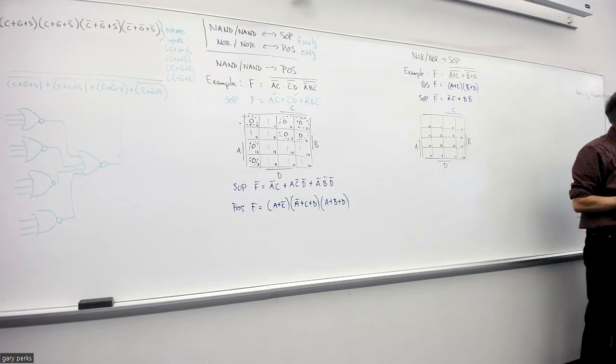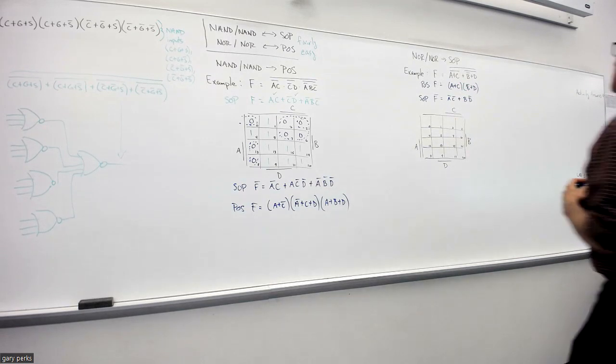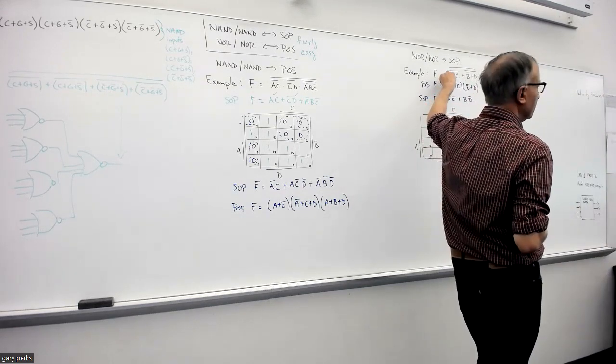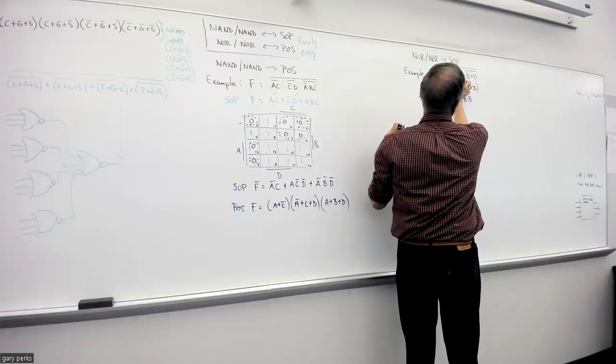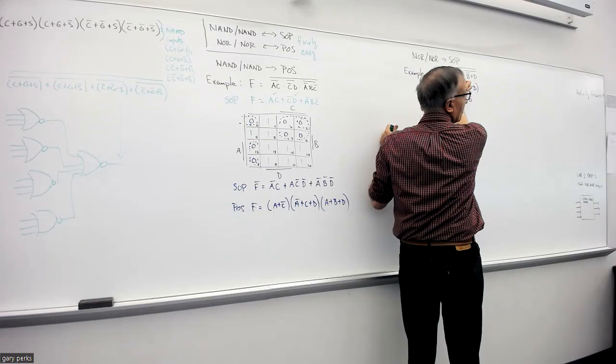Yep, I think. So this was starting out with an SOP equation. How are the terms not inverted when you go from SOP to POS? Are you talking about this here? Yeah. This is NOR. See, this is the NOR, because that's what we're doing here. We're going from NOR to SOP. So we're starting with NOR.